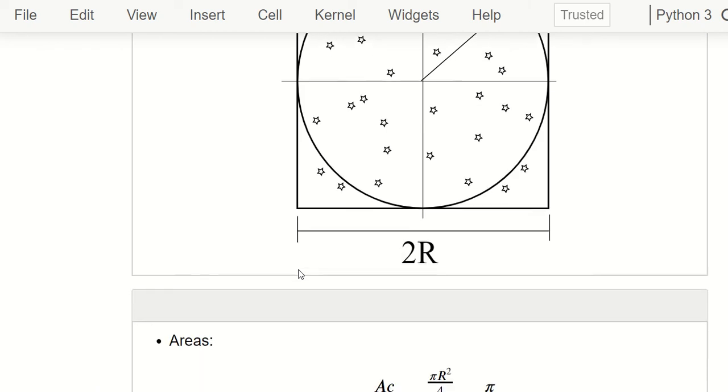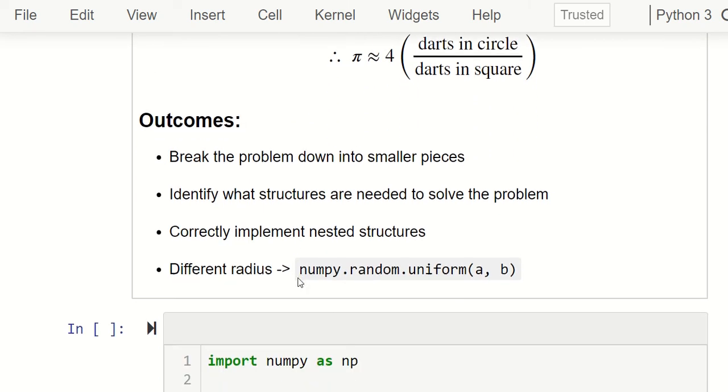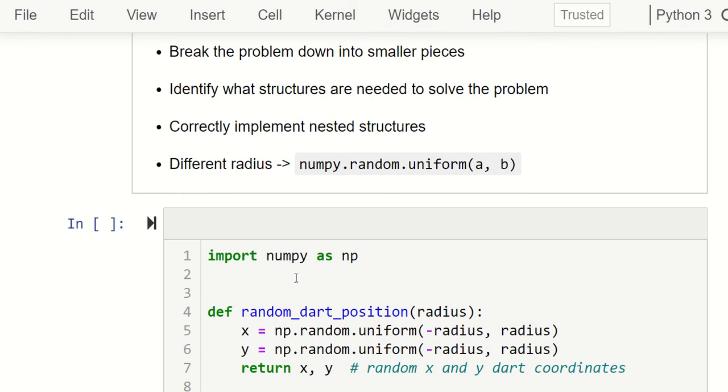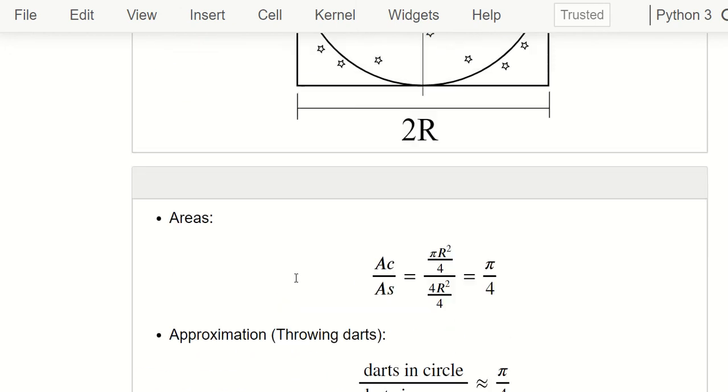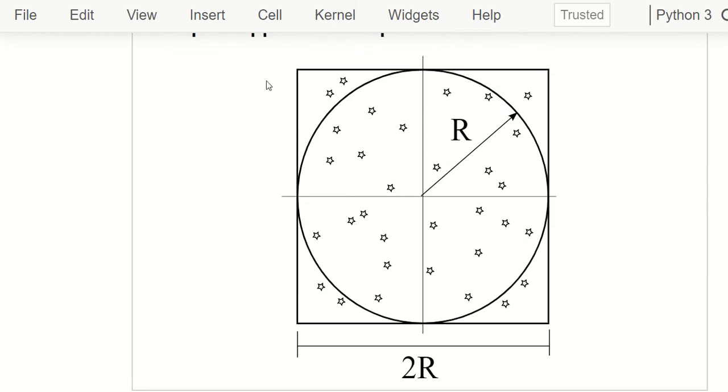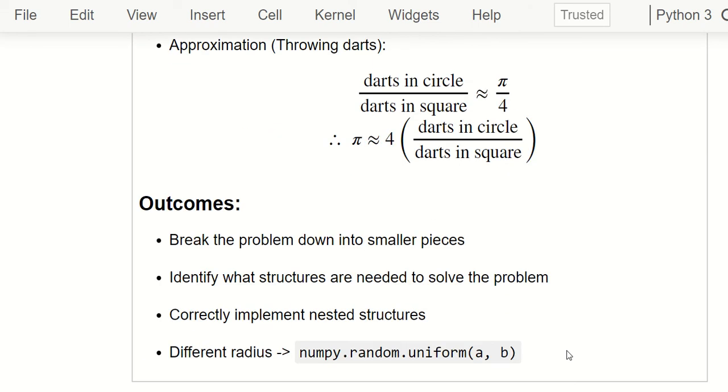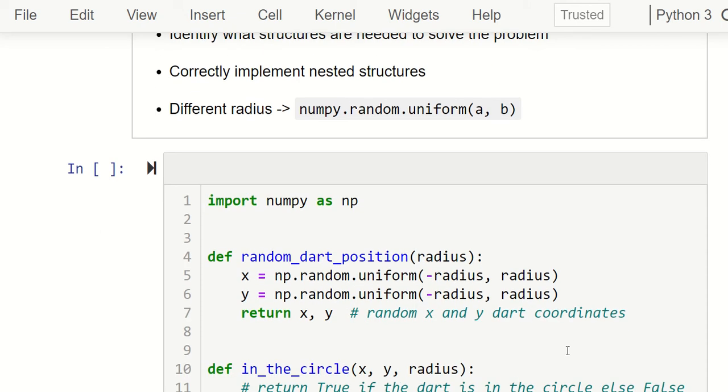The implication of using it like this is that you can actually throw a dart right on this border and right on this border because the minus R's are both included. But I can never get a dart that's exactly on this border and exactly on this border. That is because the rand uniform function excludes the upper bound.